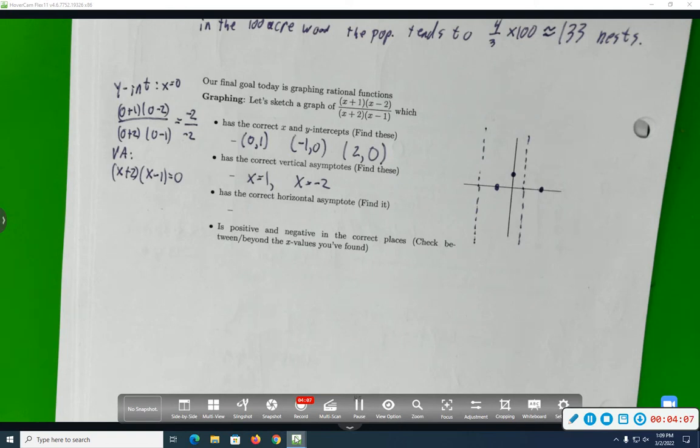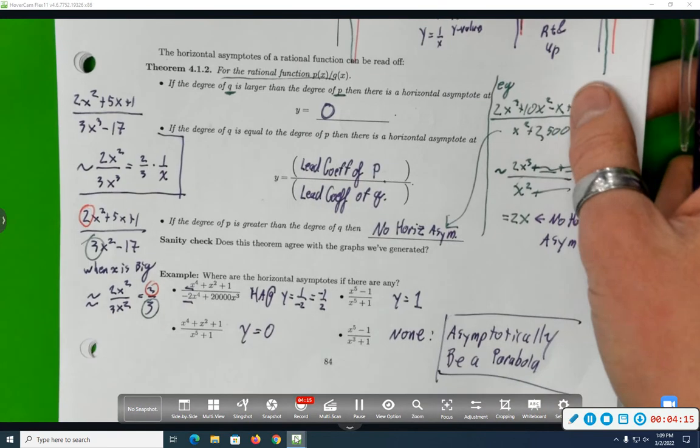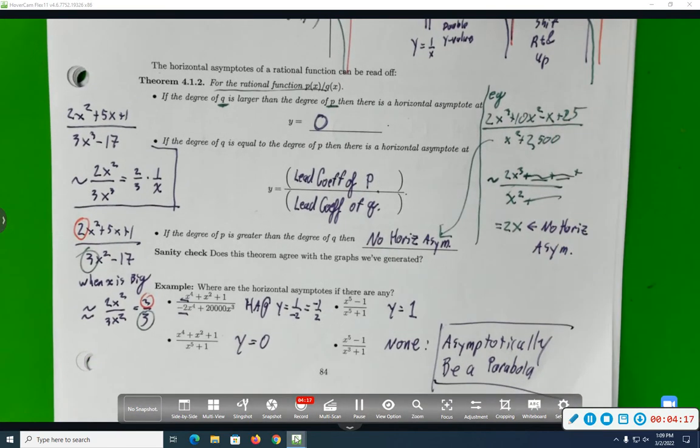The review is going to amount to just me flipping to the previous page in the notes and reading off the thing. Keep in mind the function in question, because we'll need to decide which bullet point we're in. If the degree of Q is bigger than the degree of P, are we in a situation where the degree of the denominator is bigger than the numerator? No, so we can ignore the first bullet point.